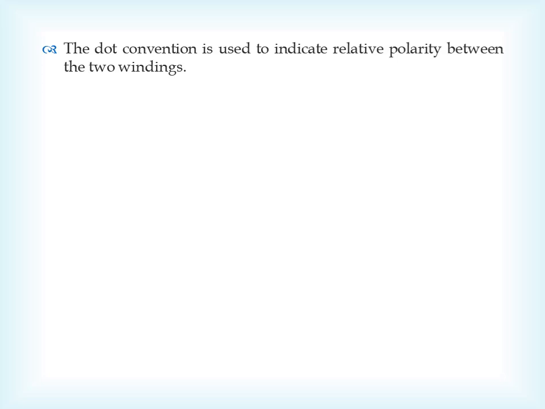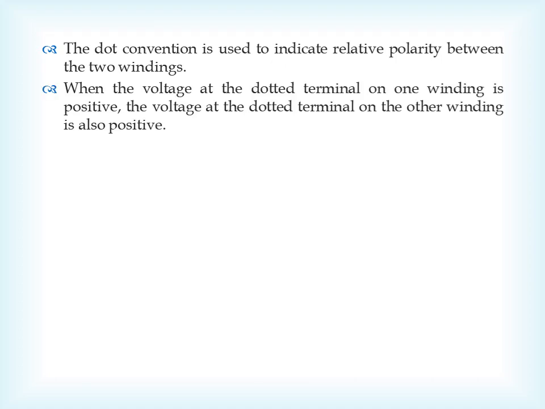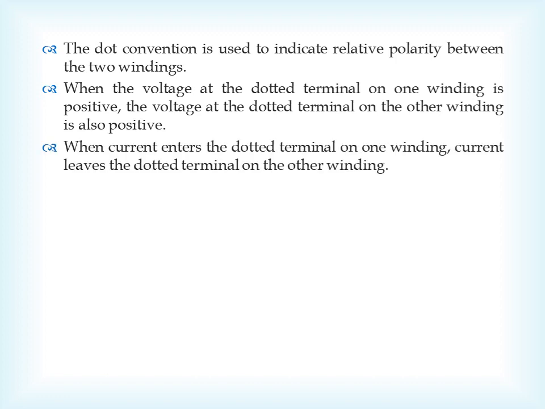So in context of the transformer, let us just jot down the points which we have just discussed. The dot convention indicates the polarity between the two windings. So when there is a dot, that means the voltage on the dotted terminal is positive. At the primary side, current enters the dot, while on the secondary side, the current leaves the dot.